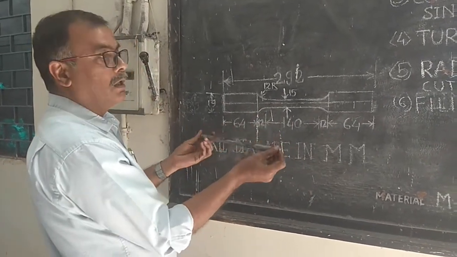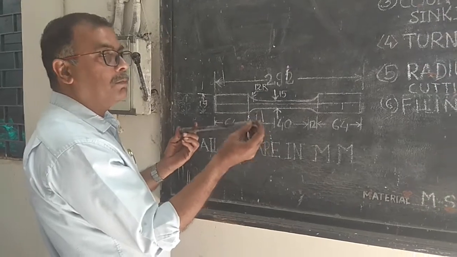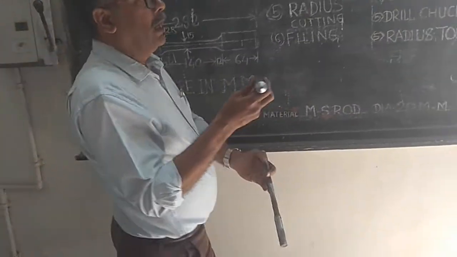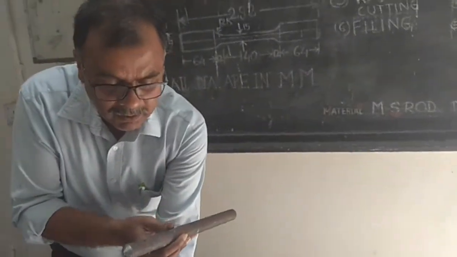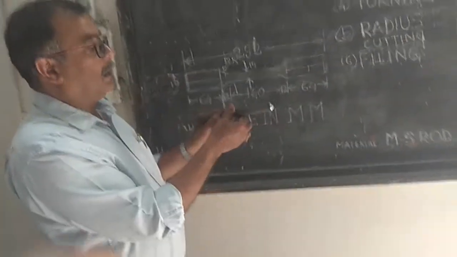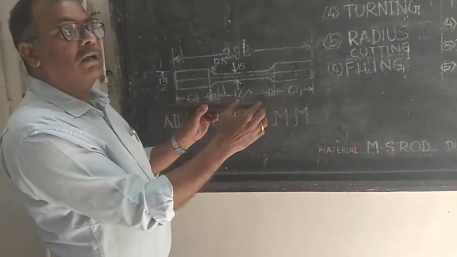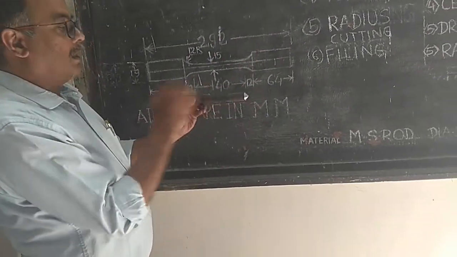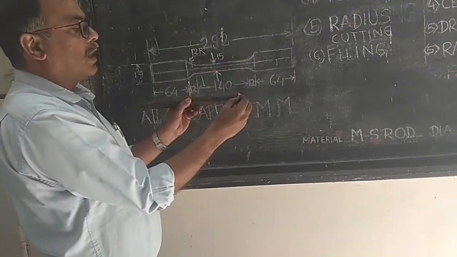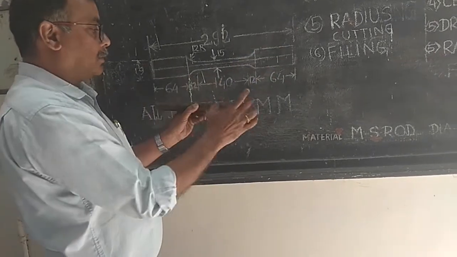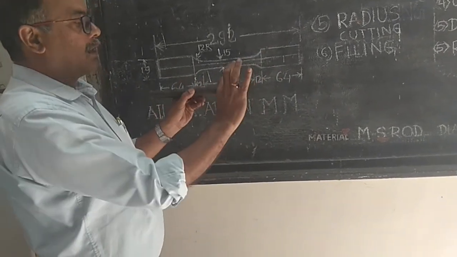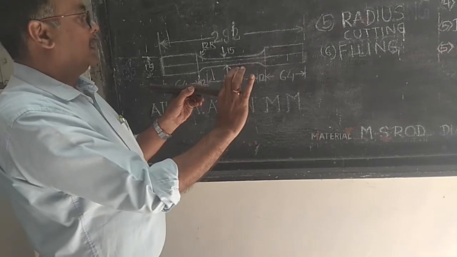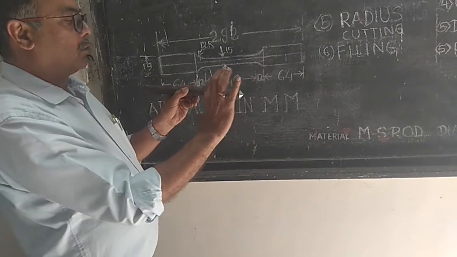So this is the dimension that we have to prepare from the raw material given to you. The size of the given material is a length greater than 292, slightly greater, around 295 mm, and the diameter of this rod is 25 mm.